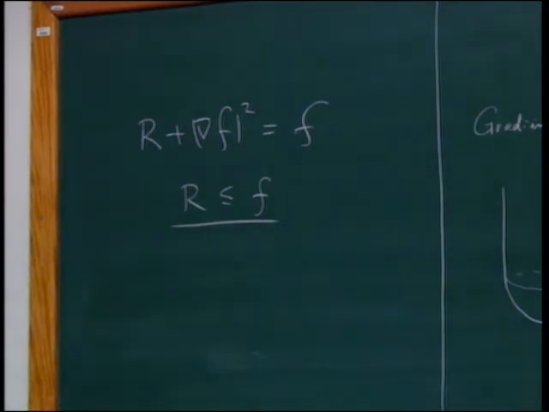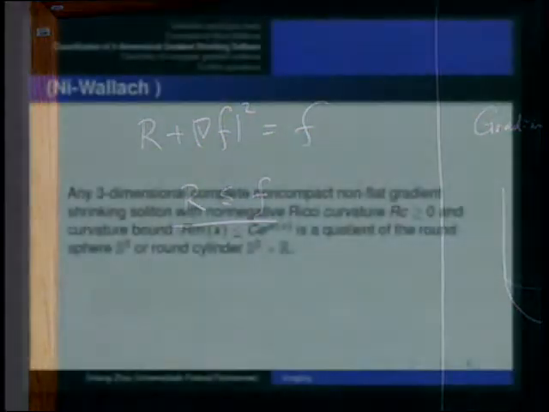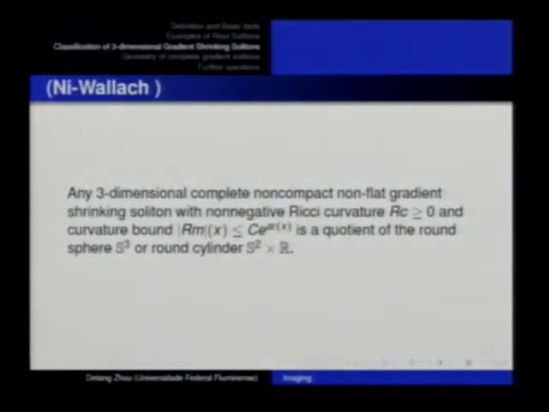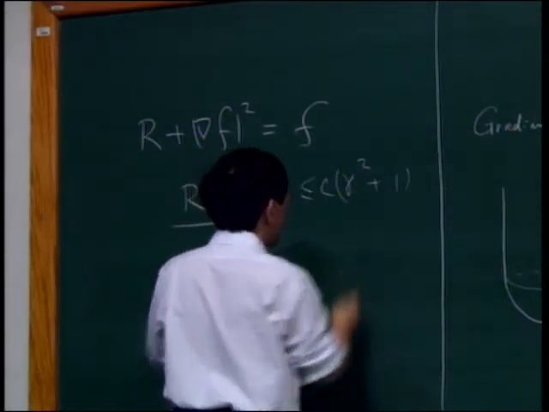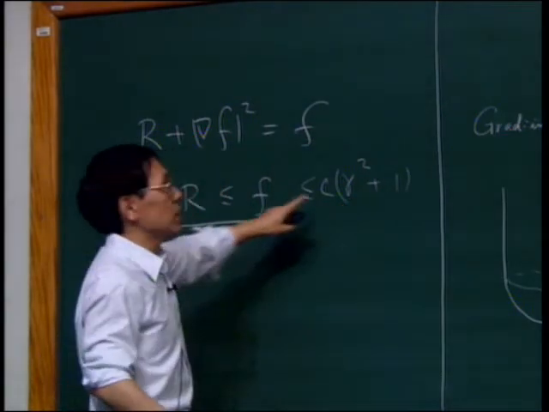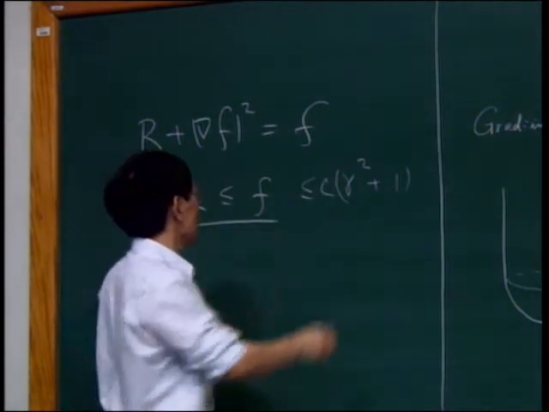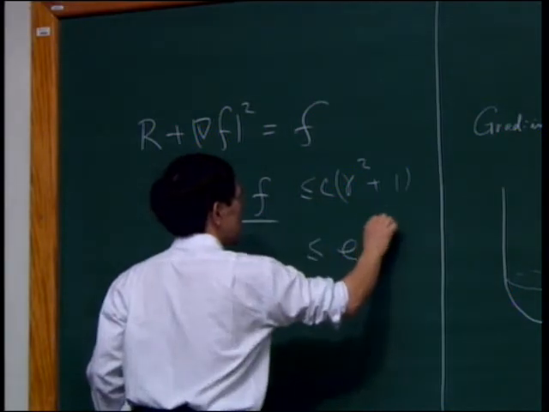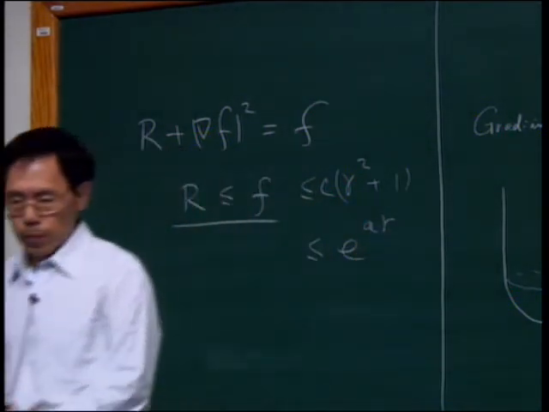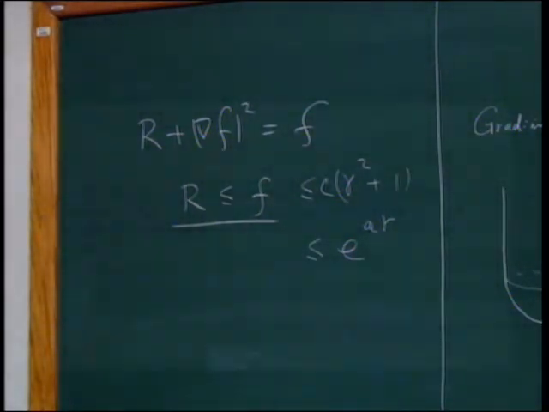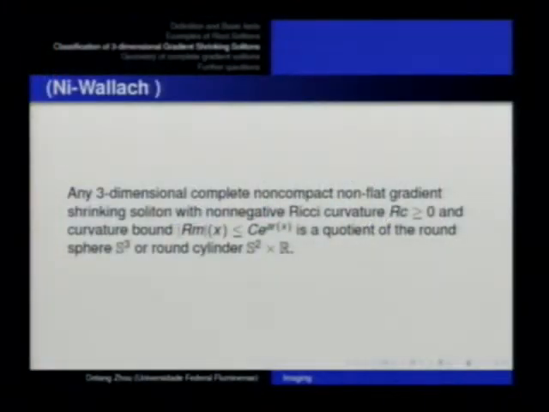So the growth condition is automatic, just like the result where R is a distance function. So if you have this, of course it is controlled by this kind of thing. So the key point is to prove non-negative Ricci curvature.